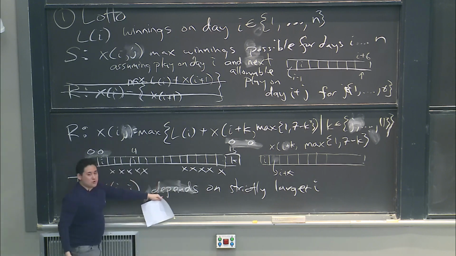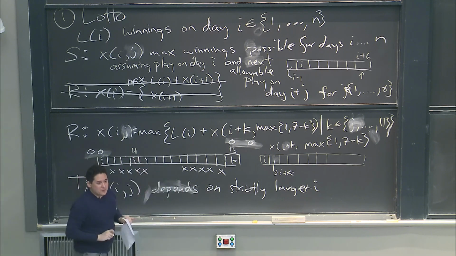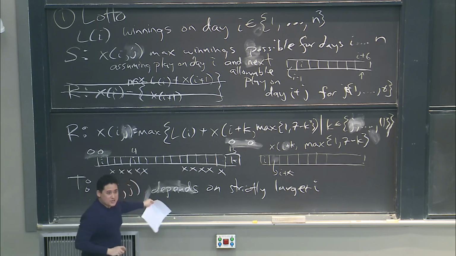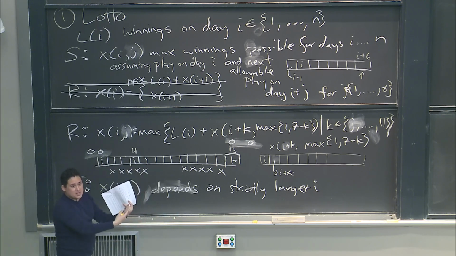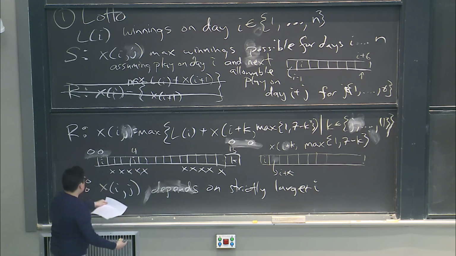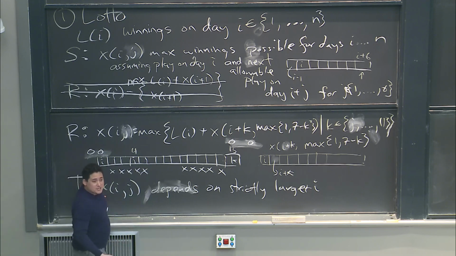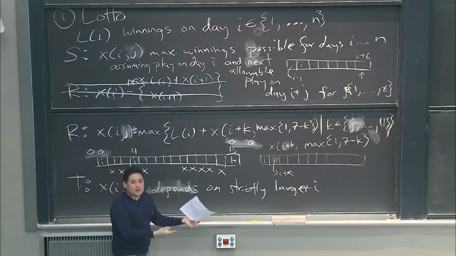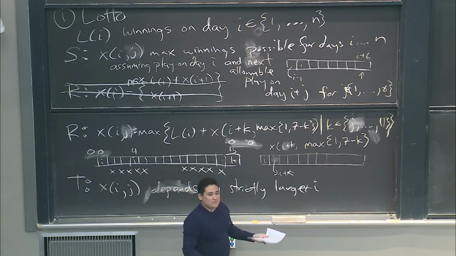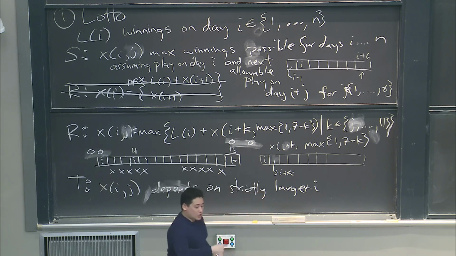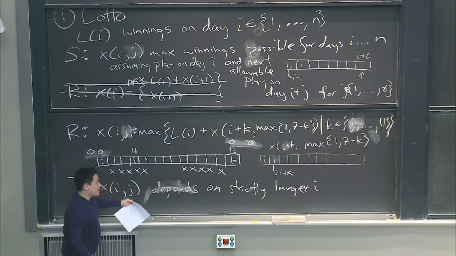So this is corresponding to a smaller subproblem in some measure, right? It's the number of elements that we're actually recursing on. If we wrote this as a prefix, we would have us depending on strictly smaller i, and that would be more natural in terms of recursing on smaller subproblems, but I digress.